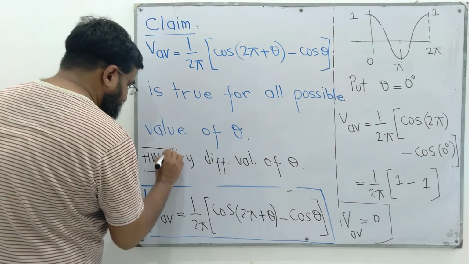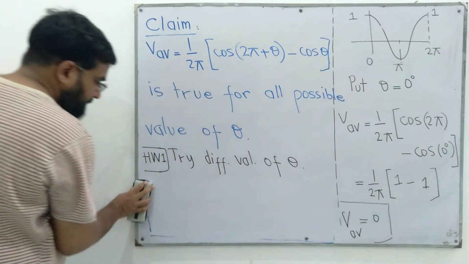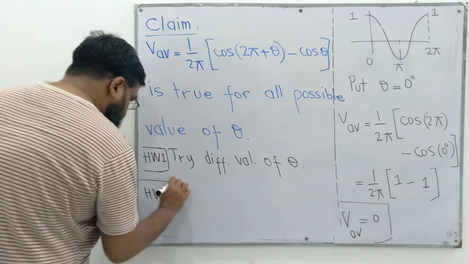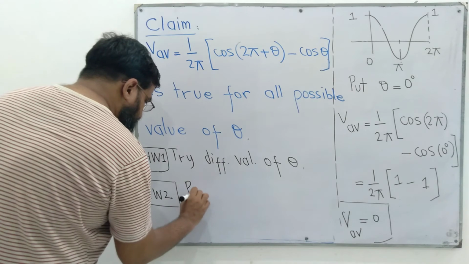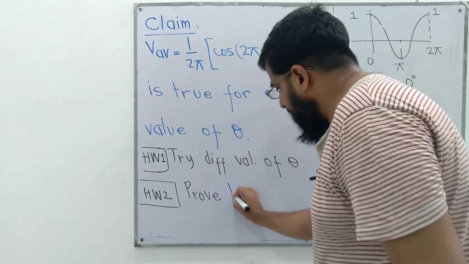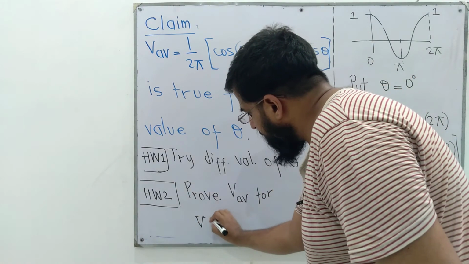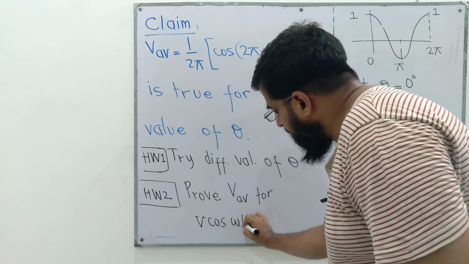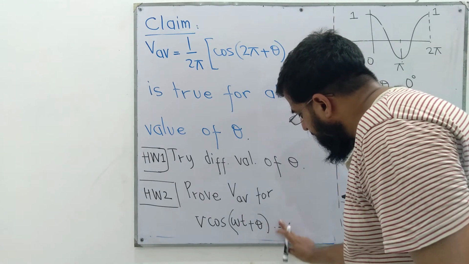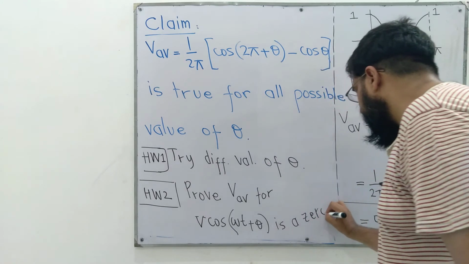At the end of this lecture you have 2 homeworks. Homework 2 is that you are required to prove that V average for V cos omega t plus theta is 0.